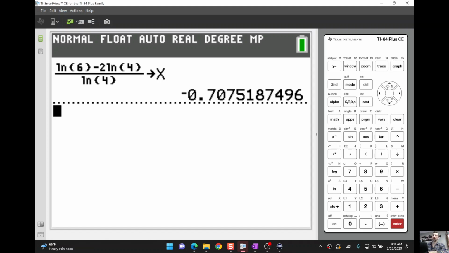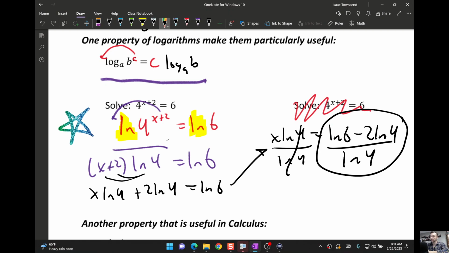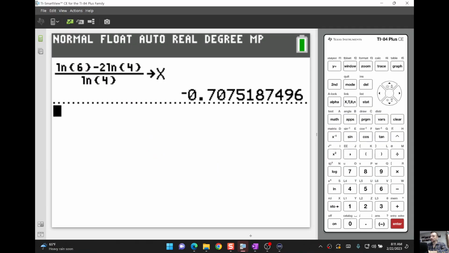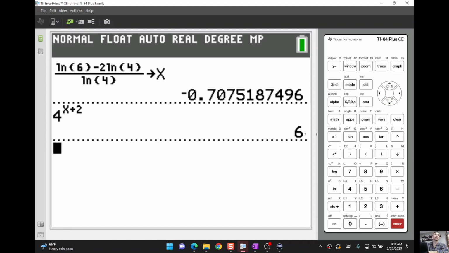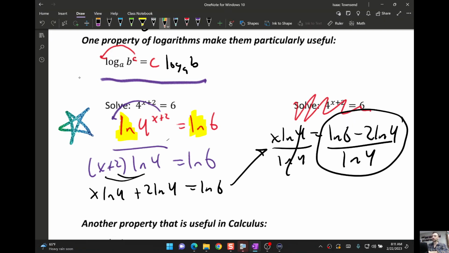I don't know why you need a decimal, but I just wanted to show you that even though the answer looks very complex and you might think there's no chance you could have an answer that looks like this, what this was supposed to solve was 4 to the power of x plus 2 equals 6. So if I told my calculator this is what I think x is, it's not just close to 6, it's exactly 6. So you have to get over your answer looking super messy. It's perfectly fine.